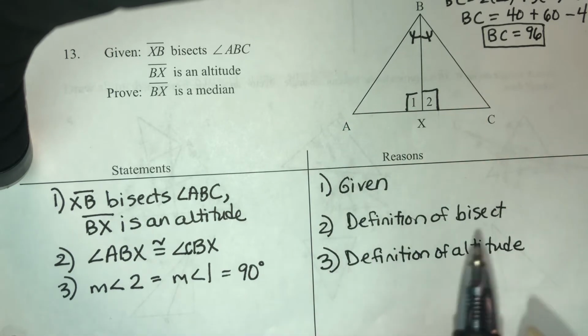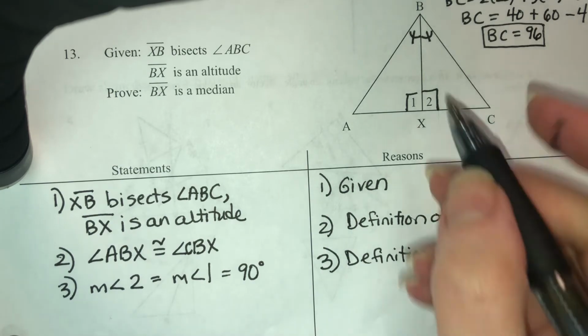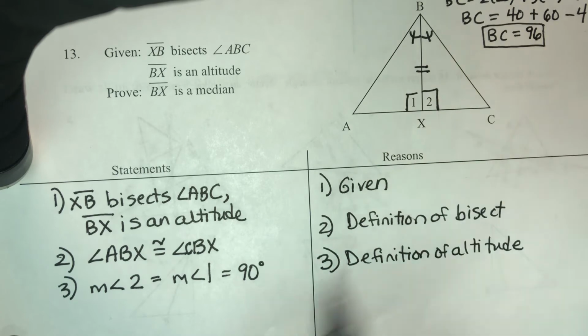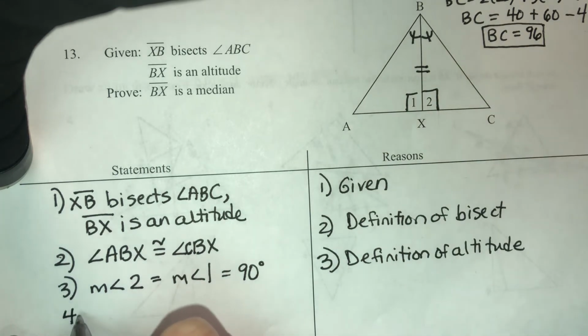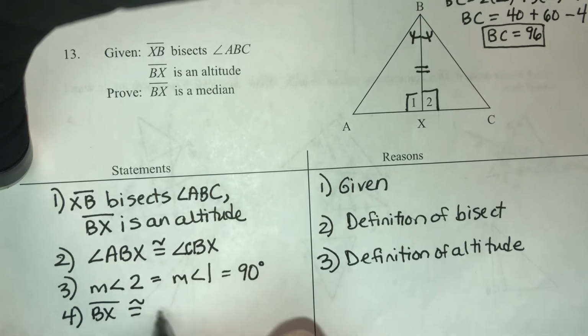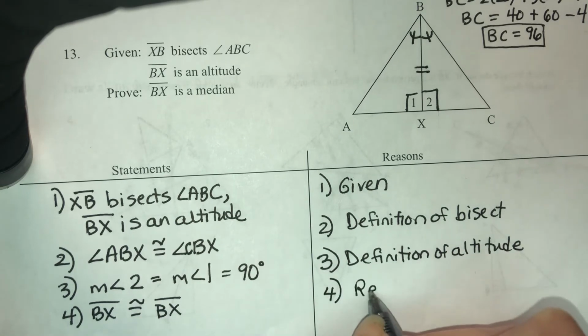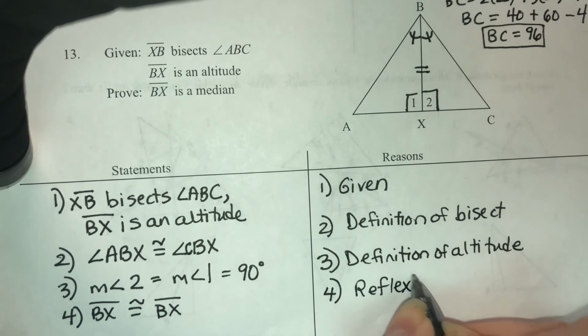Did you notice that they have a shared side right here? BX is a shared side on both triangles. So I'm going to add that the segment BX is congruent to itself because of the reflexive property.